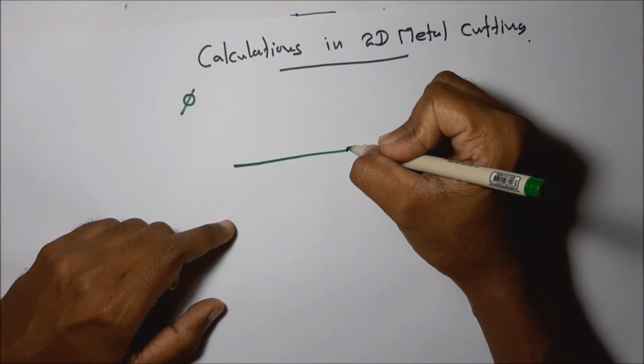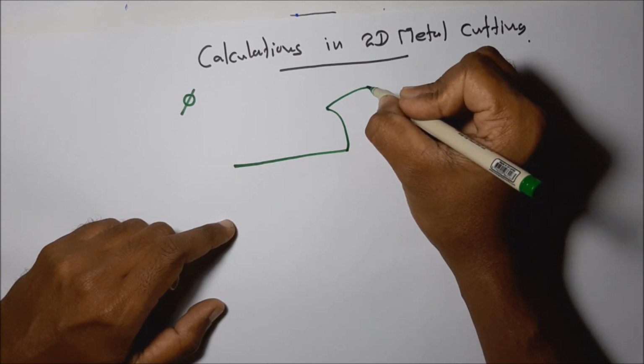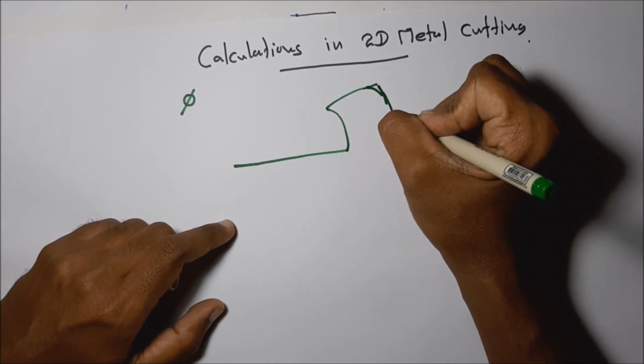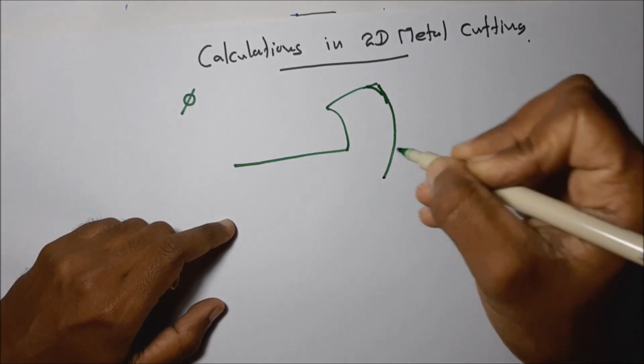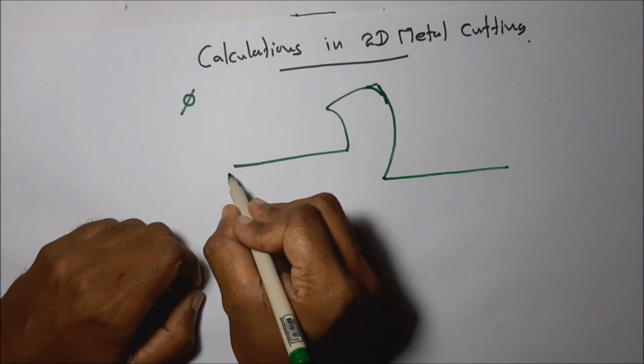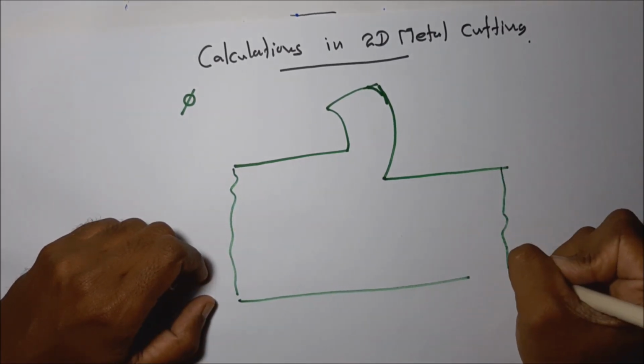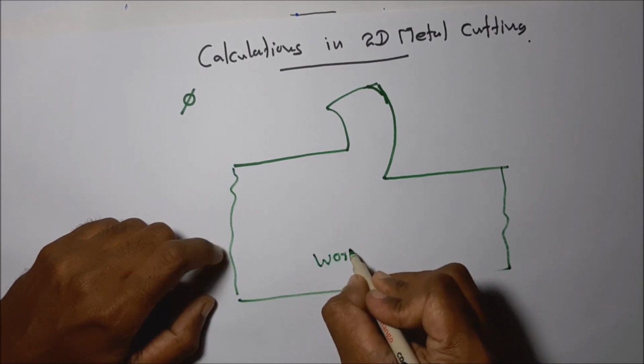Okay, this is the kind of diagram we can draw for the two-dimensional metal cutting operation. This is the workpiece.